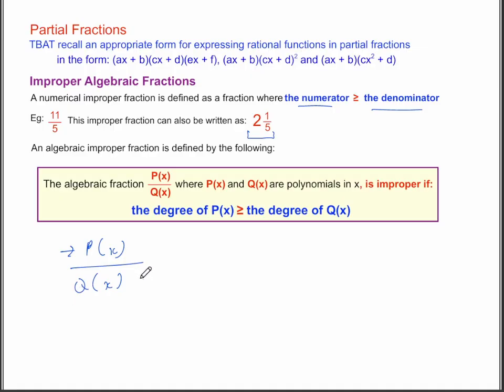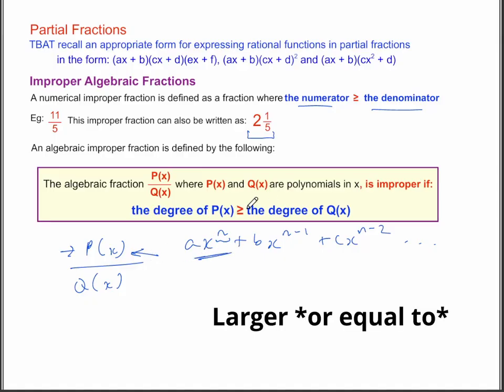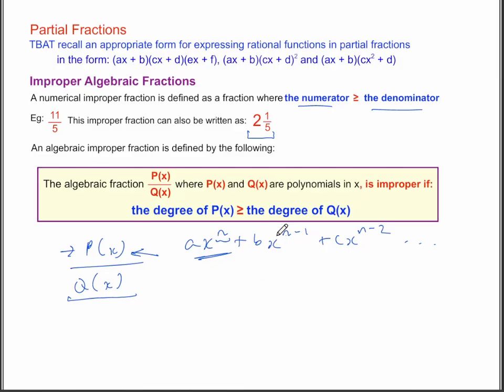What this means is that polynomials are of this form: ax to the power n plus bx to the power n minus 1 plus cx to the power n minus 2 and so on. So we have the highest power of x, in this case n, and that's what we call the degree of that polynomial. So if the degree of the polynomial p of x, meaning the highest power that we have for x, is larger than the highest power that we have for the polynomial q of x, then we call it an improper algebraic fraction.